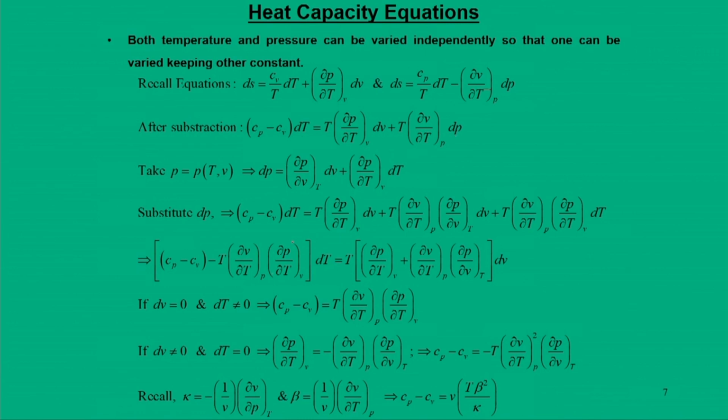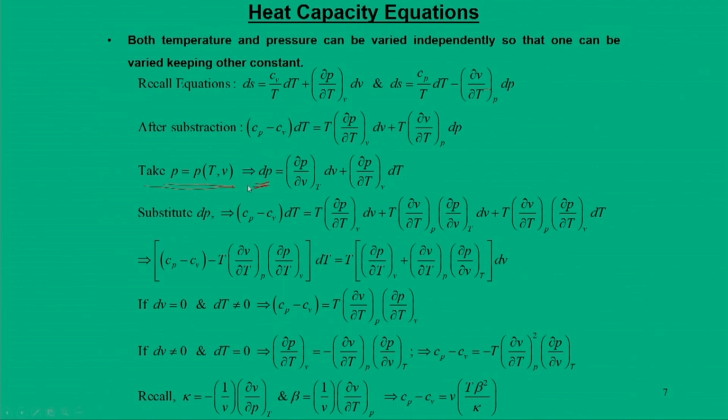Now, at this stage we see that the left hand side is temperature, and the right hand side is specific volume and pressure. So, if we say pressure is a function of temperature and specific volume, then we can find the expression for dP.